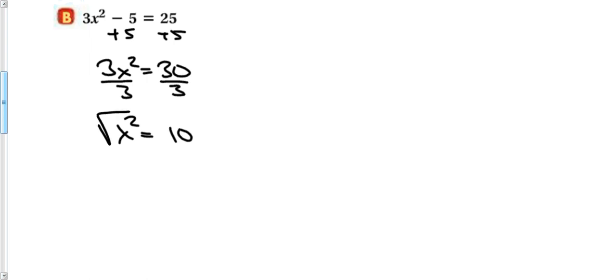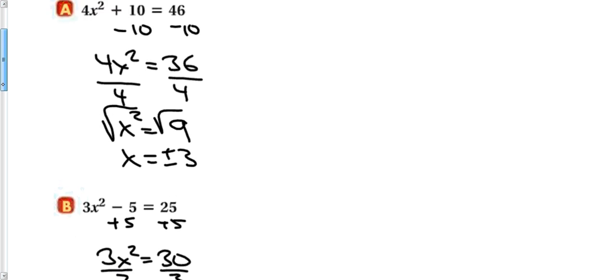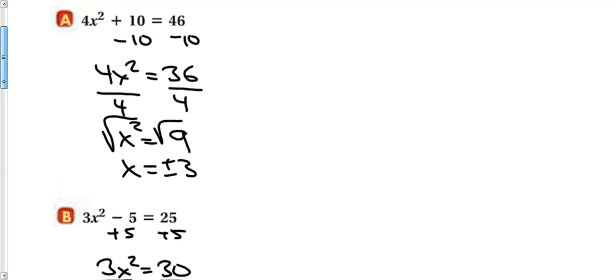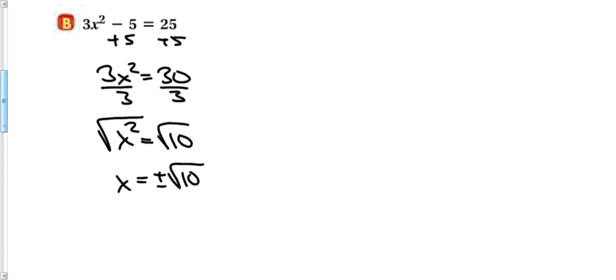And now when I take the square root of both sides, it doesn't work out perfectly, but that's okay. X is going to be plus or minus the square root of 10. Okay? So with both of these problems, we are isolating the variable, and once we get it by itself, we do the opposite of squaring something, which is taking the square root.